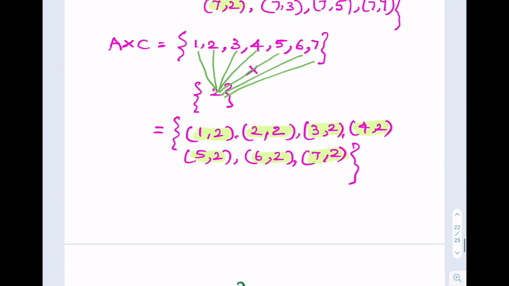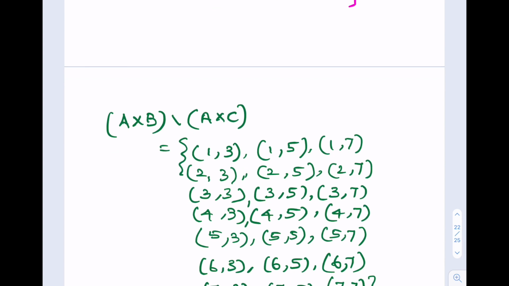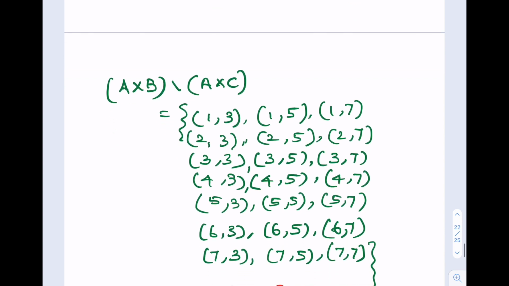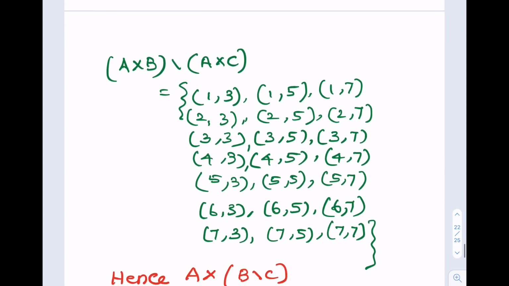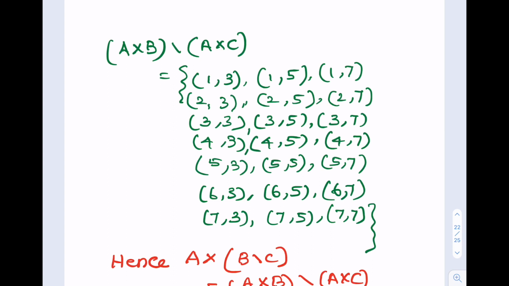So we arrive at (1, 3), (1, 5), (1, 7), (2, 3), (2, 5), (2, 7), (3, 3), (3, 5), (3, 7), (4, 3), (4, 5), (4, 7), (5, 3), (5, 5), (5, 7), (6, 3), (6, 5), (6, 7), (7, 3), (7, 5) and (7, 7). So let us name this as equation 2.